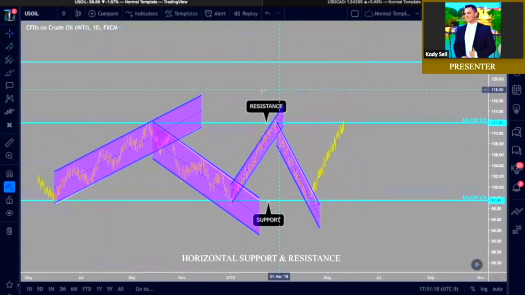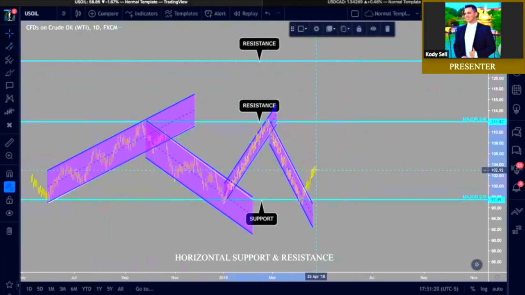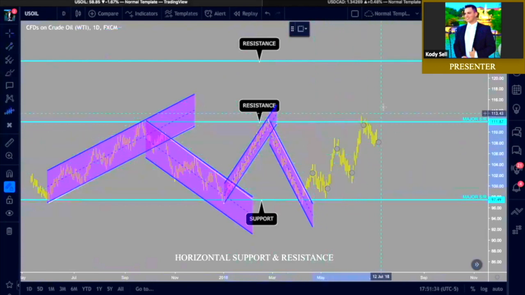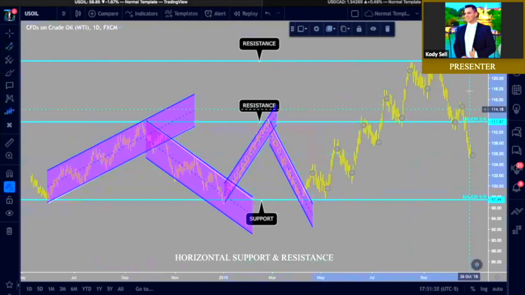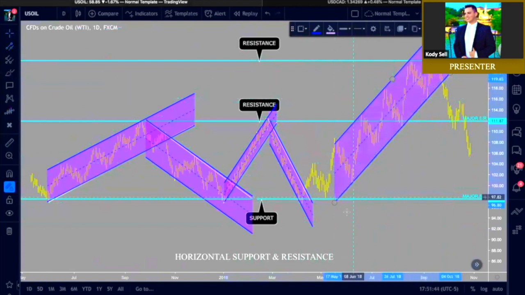This is also going to be a resistance, since price is down here. And let's pull price back down here for this example. So price moves between different support and resistance levels in channels. All right, so in this example, price moved in a channel all the way to that resistance level up there.